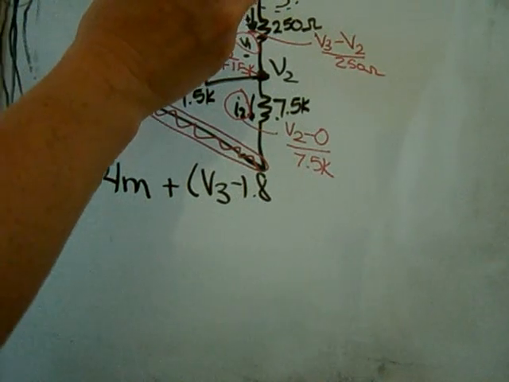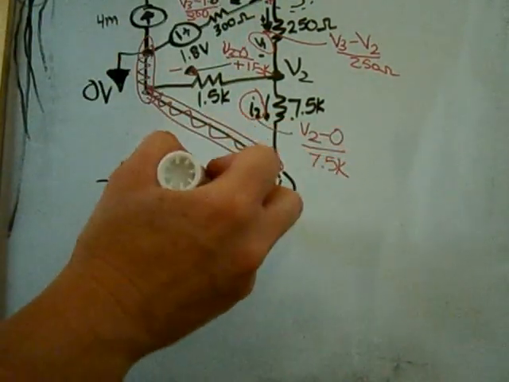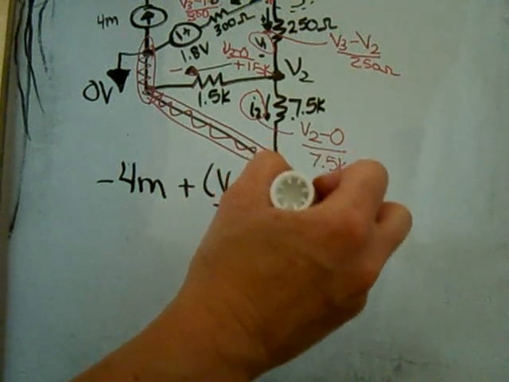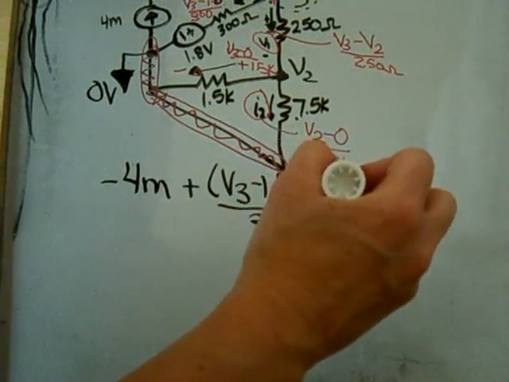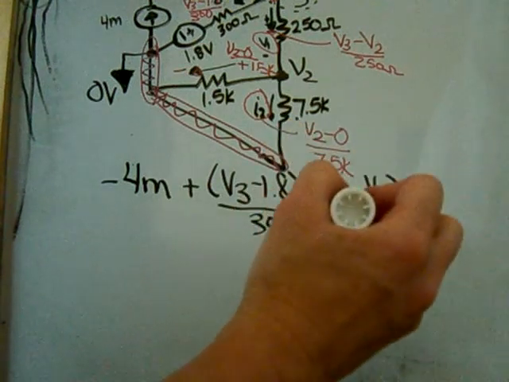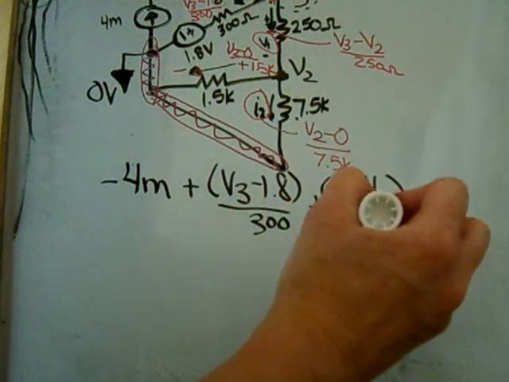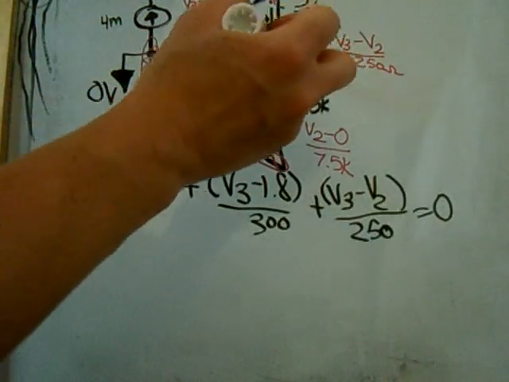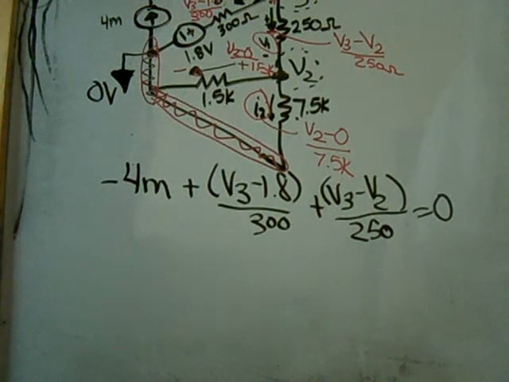That's just 8 volts over 300 ohms plus a V3 minus V2 over 250 ohms equals to 0.